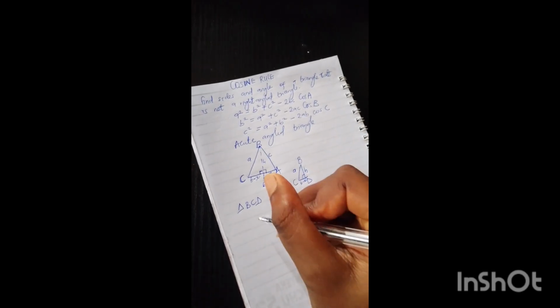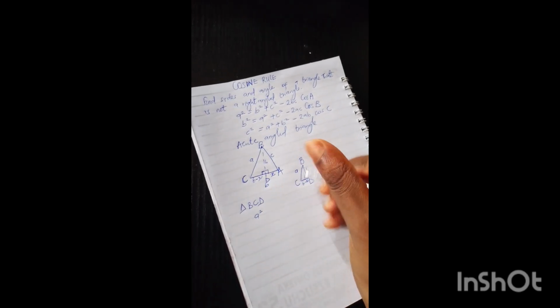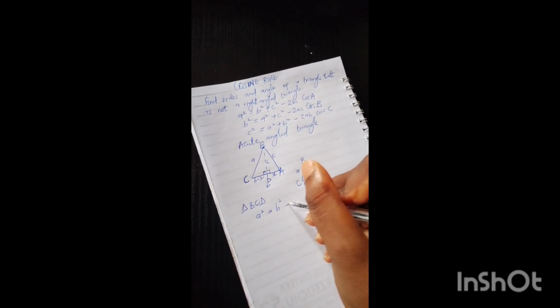So if I should use Pythagoras theorem now in this right angle triangle, I'm going to be having that a squared, which is the hypotenuse, is equal to h squared plus (b minus x) squared. Remember, this is what Pythagoras theorem states. So now if I should expand what I have in brackets, okay, let me do it separately and then bring it down here.